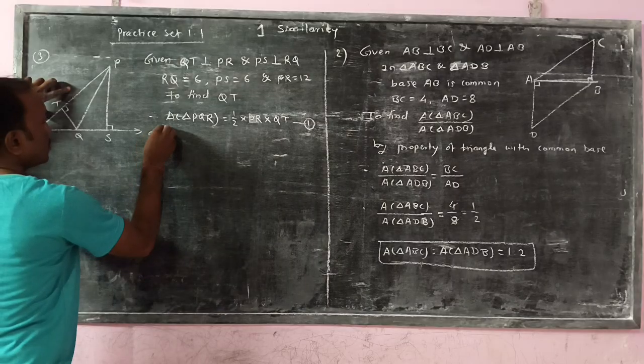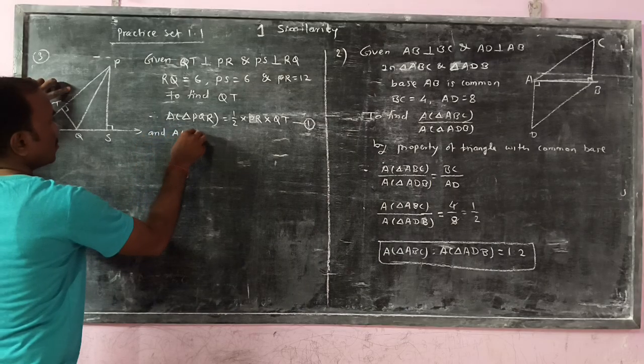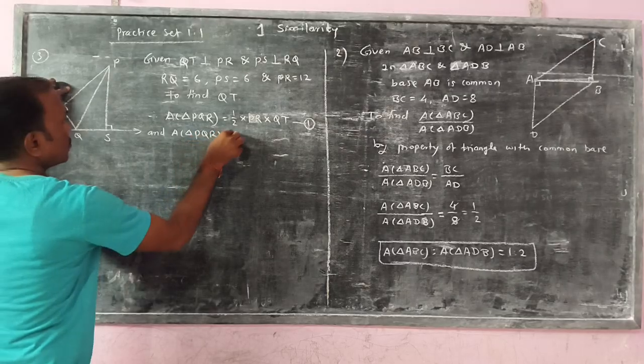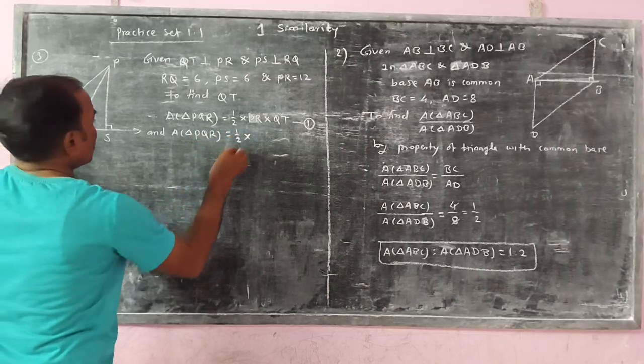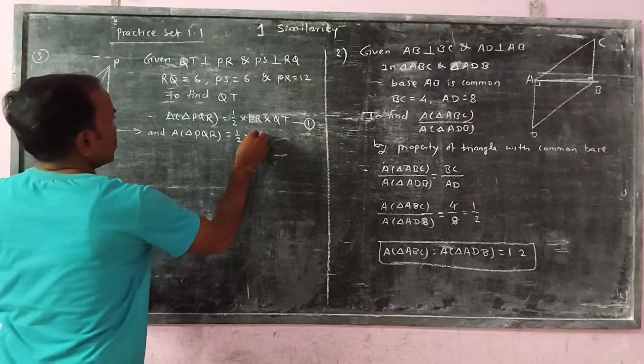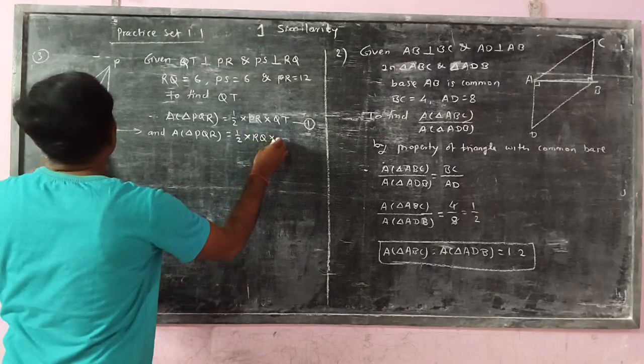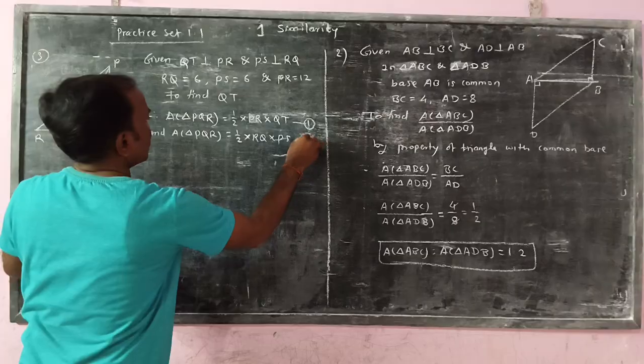And area of triangle PQR equals half into base RQ into height PS, equation 2.